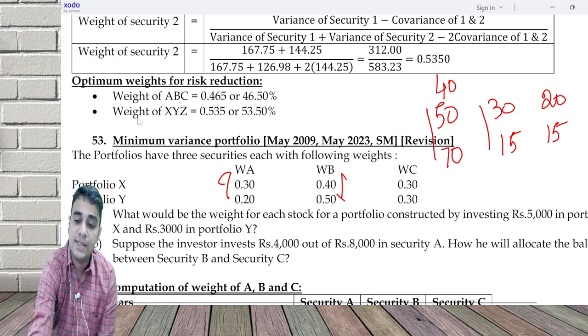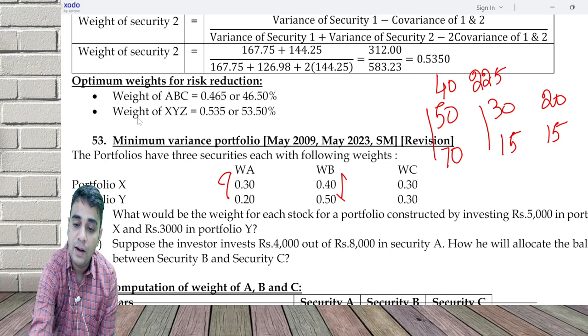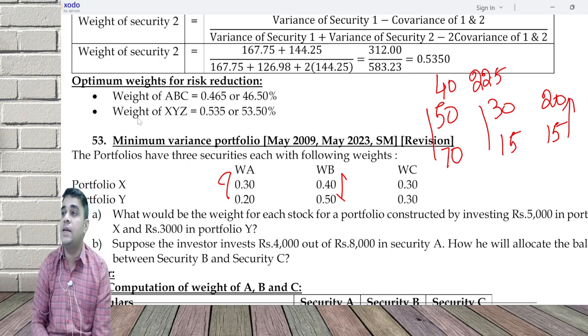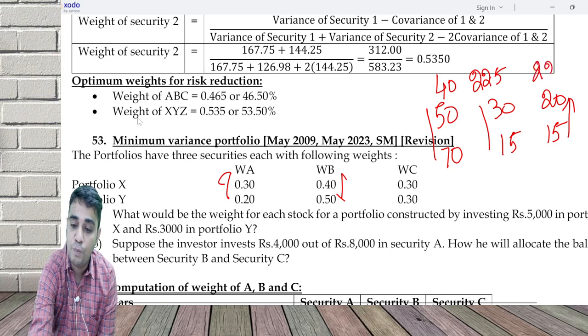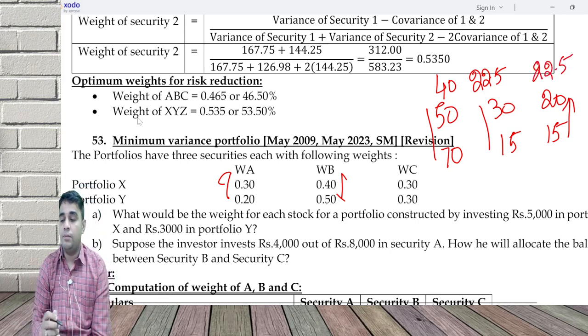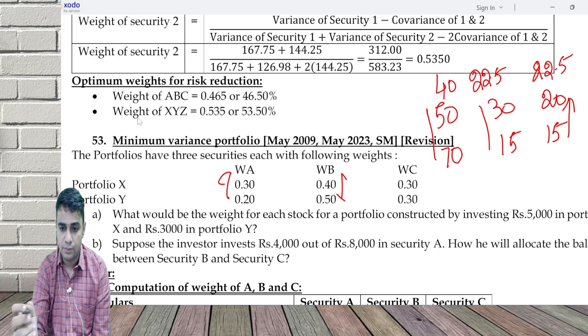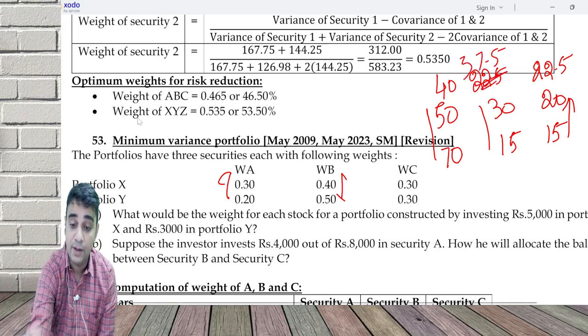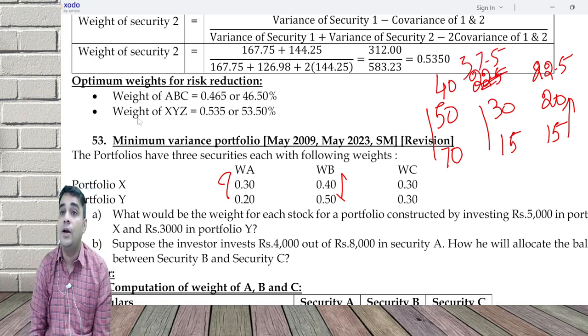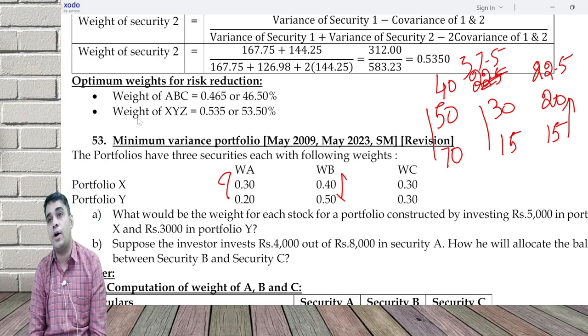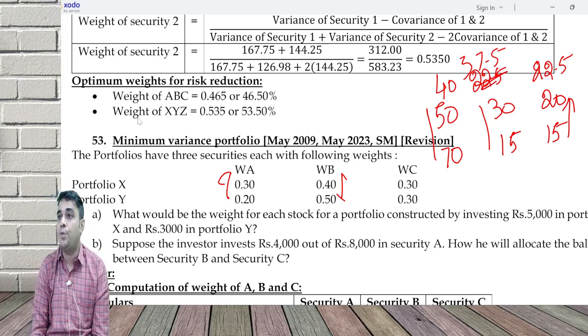So increase another 7.5. And here 5 was the increase, increase another 2.5. So 40, 37.5 and 22.5 put together is 100.